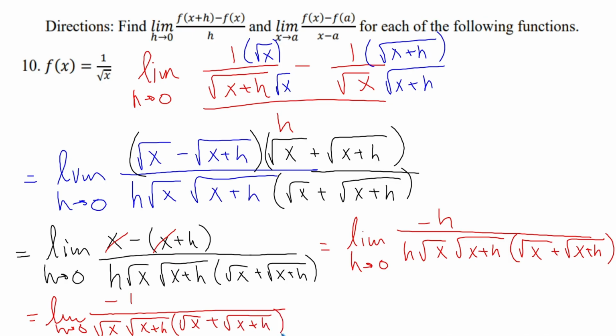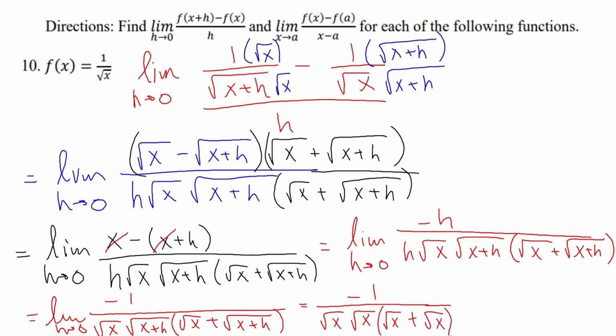Now as h goes to 0, we've got negative 1 in the numerator, we've got root x, we've got another root x because the plus h is 0, and then we've got root x plus root x. Okay.